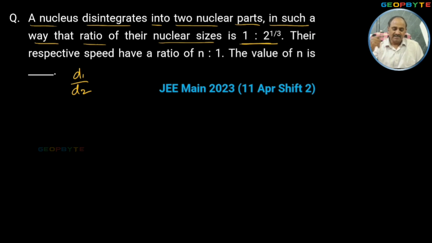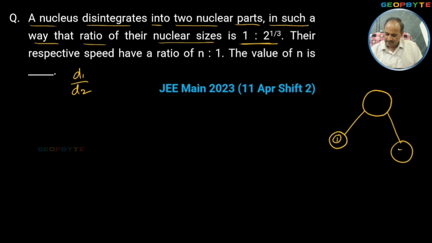Assume the nucleus is disintegrating into two parts like this. This is the first part and this is the second part. This part is moving in this direction with a velocity v1.